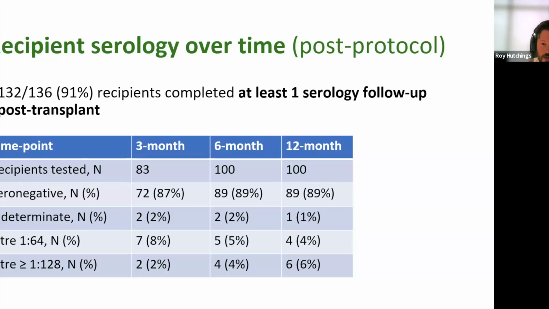And we know that this low-level serology is of unclear significance in immunocompetent patients. Serology 1 in 128 and higher, which we had considered positive, occurred in 2% of recipients at 3 months, 4% at 6 months, and 6% at 12 months. We don't really know what this means, to be honest.